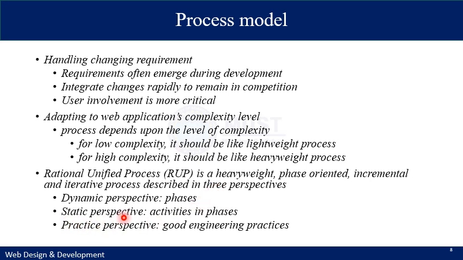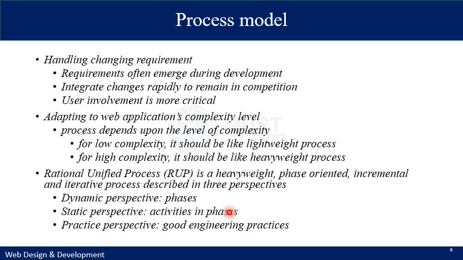Then there is a static perspective, which involves the activities in the phases. That means in each phase there are fixed activities such as the methods to gather the requirements, for example, the use case diagrams, the requirement elicitation processes, and similarly, if we see in the design phase, there are some static activities.